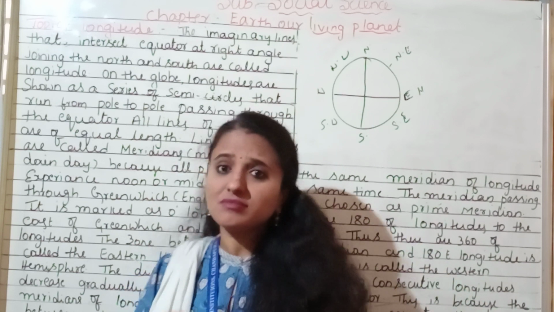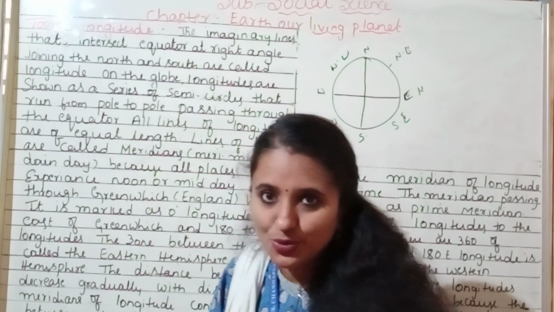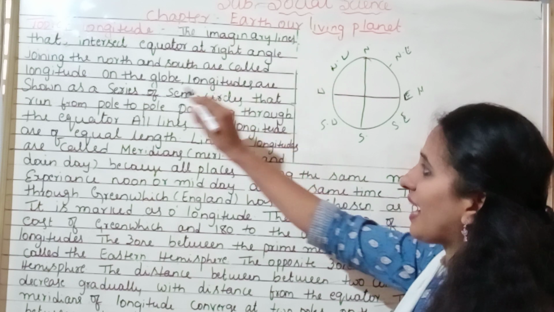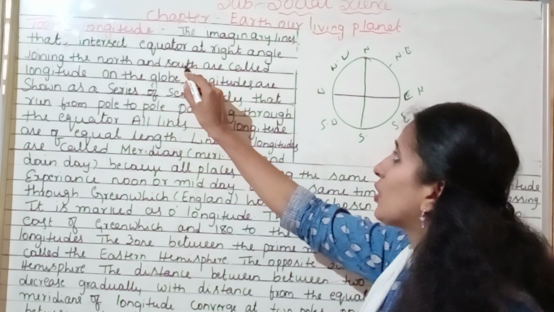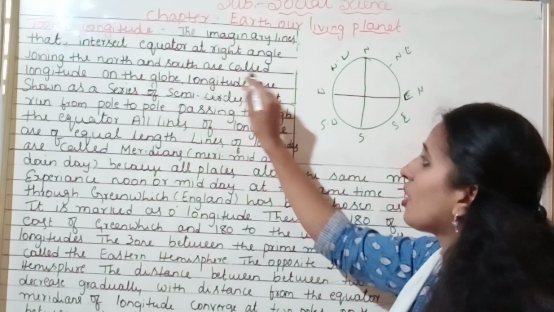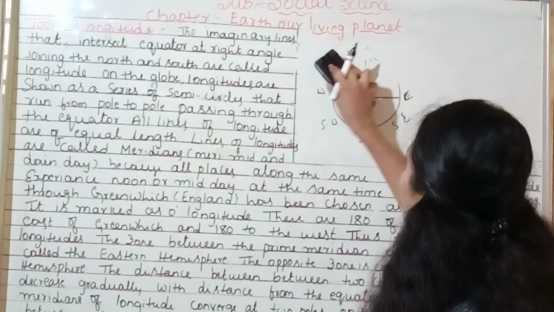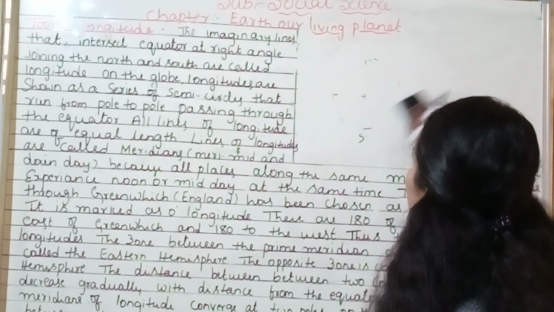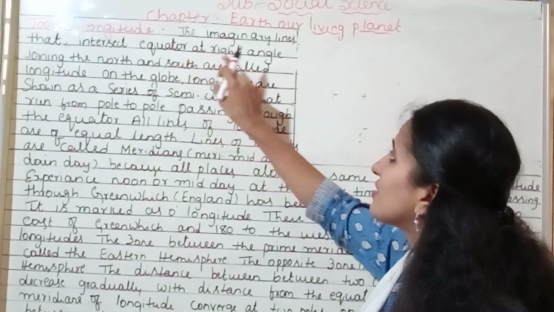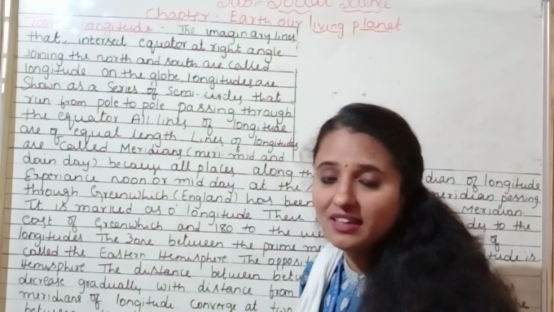Let us today start with a new topic, that is longitudes. Let me read and explain for you. The imaginary lines that intersect the equator at right angles, joining the north and south, are called longitudes. Understand this topic properly, children.